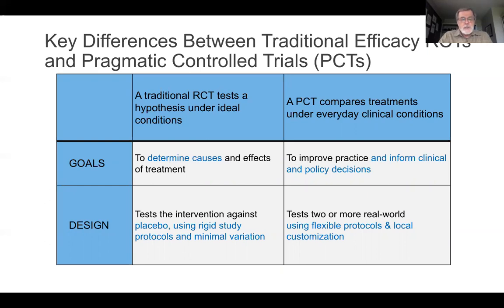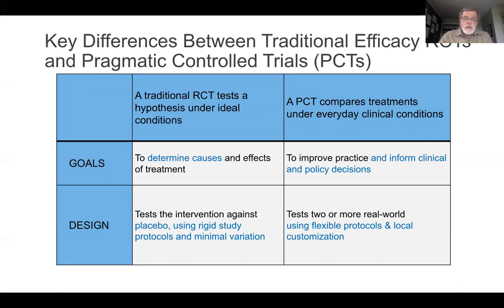But as you can see here, I won't read all of the details, but the overall purpose of these types of studies are different. Where a traditional, more efficacy trial, the goal is to determine causes and effects. We'll have a discussion about causality, if that's really possible to do in most studies.